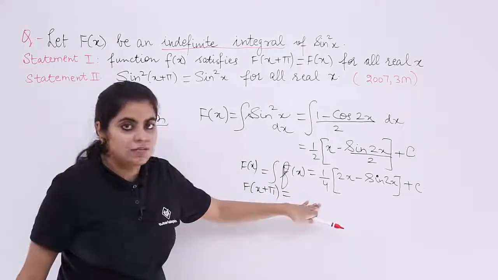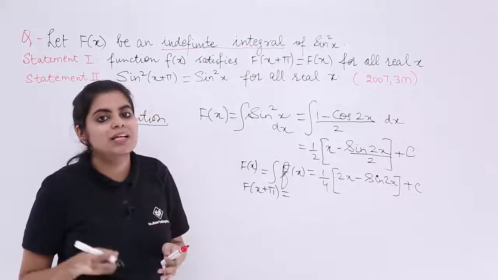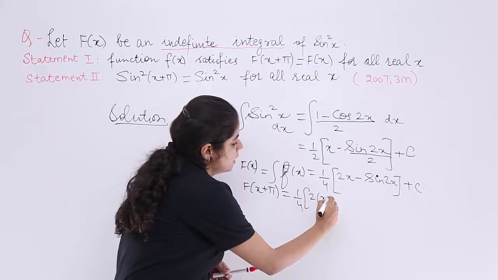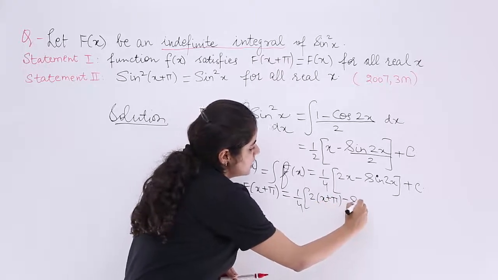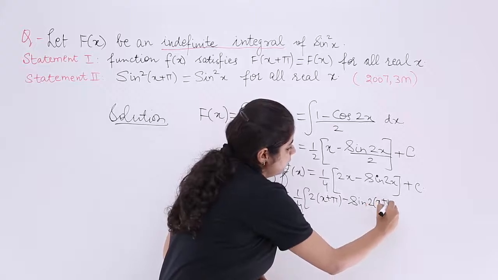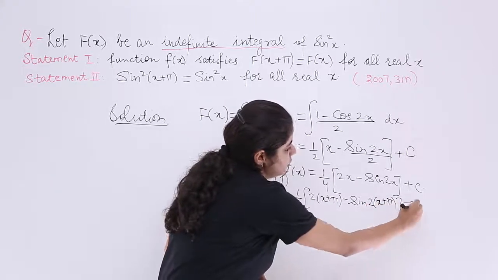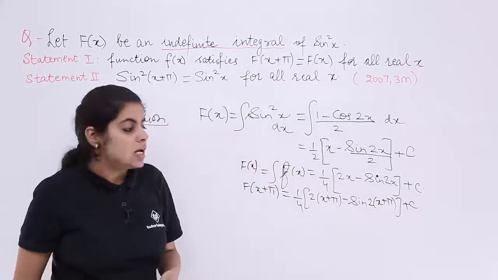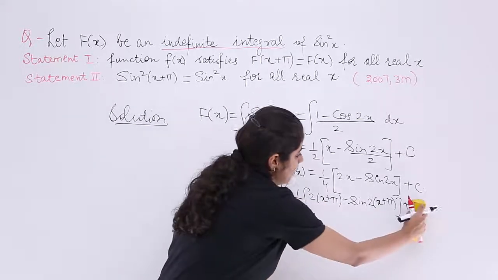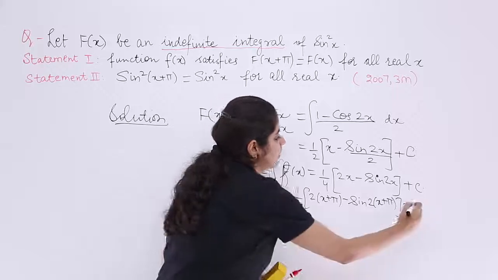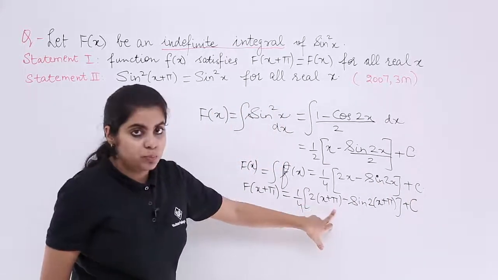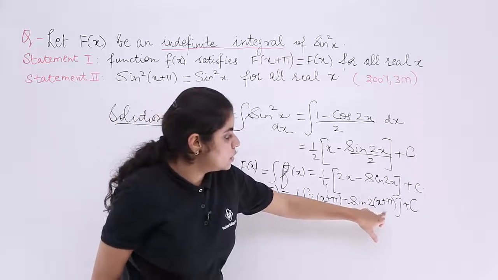F(x plus pi) means wherever you have x, you need to substitute x plus pi there. So it is 1 by 4 times (2 into (x plus pi) minus sine 2 into again (x plus pi)), and plus c remains again as it is. So it becomes 2x plus 2 pi. What is sine 2 into (x plus pi)?